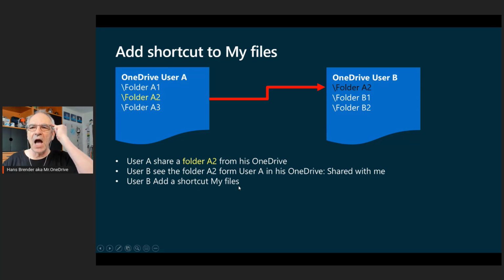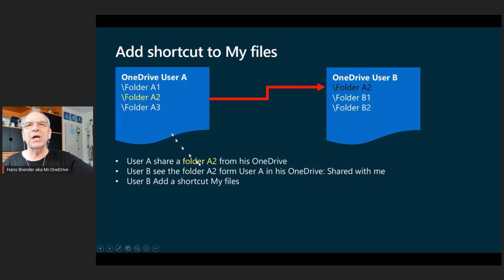But now you have to say, what's done? Do it with all your machines and sync this stuff with all your machines. If you have more than one machine and has synced, do it in all machines, also on your iOS and Android device. You see this shortcut points to folder A2 in my OneDrive for Business, and you can work with these files.